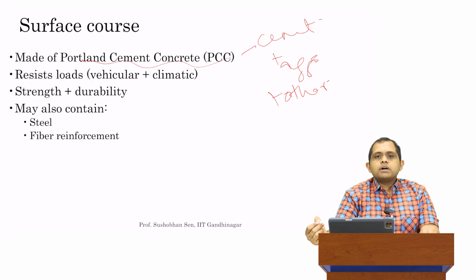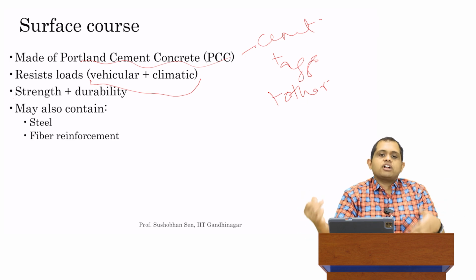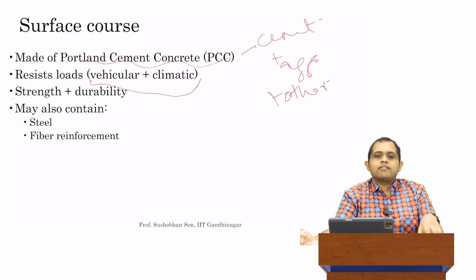Now, the primary purpose of having the surface course is to resist loads. Loads on rigid pavements, and on all pavements actually, are of two distinct types which interact with each other. One is vehicular loads, that's obviously the actual truck or car or the heavy vehicle which is driving on the road and which is creating some amount of stresses. But then you also have climate effects, and climate can be related to two things: moisture as well as temperature.